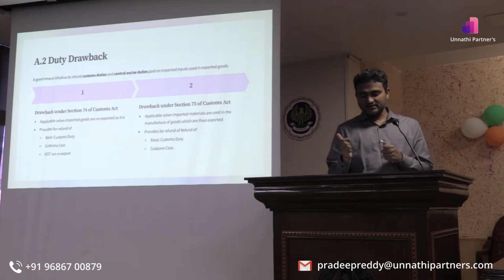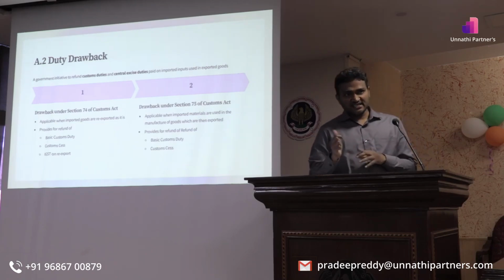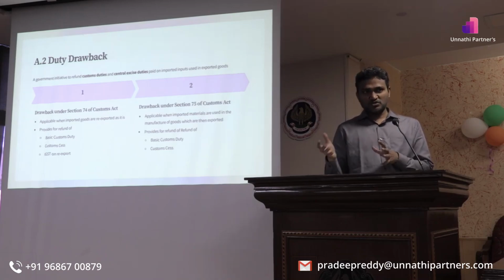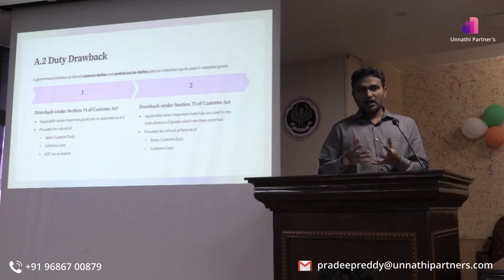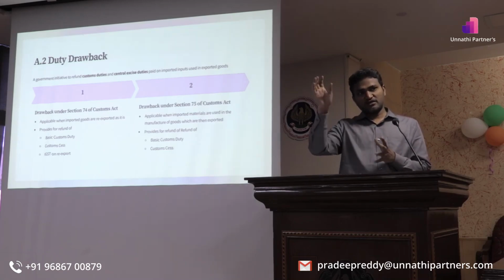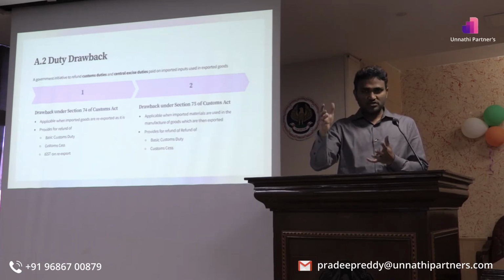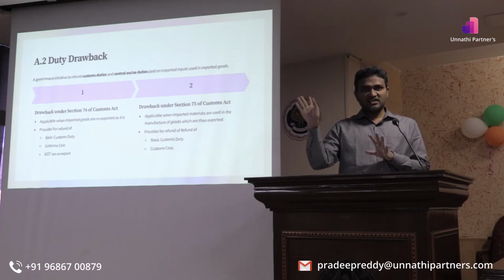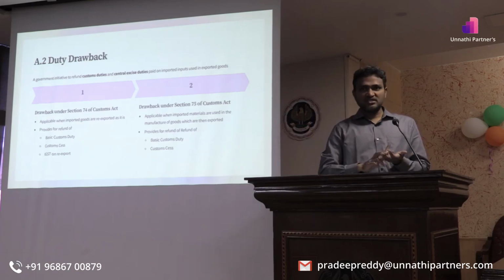The second thing is a drawback under section 75, which is for typical manufacturing exports. We import raw material, use it in manufacturing, and then export the finished goods. Whenever we import the raw material, we have to pay BCD, Basic Customs Duty, cess and IGST. IGST anyways you get credit for, we utilize it in the GST returns.